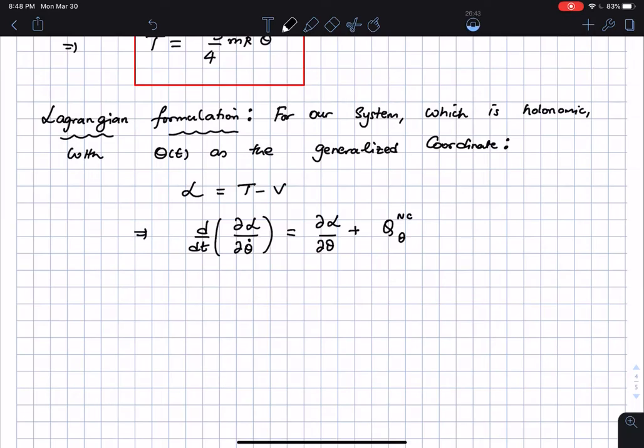So first, for us, what are the external forces and moments? The external torque applied is M of t, and we want to see that this is applied in the clockwise sense.